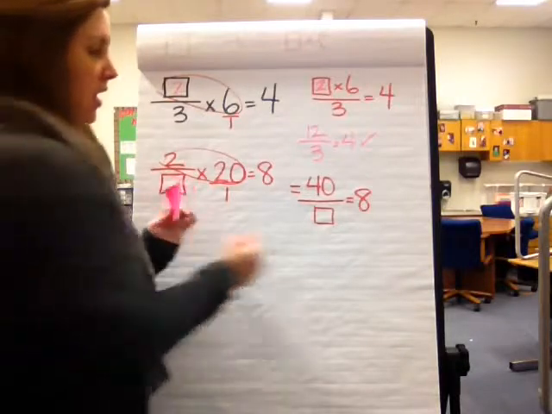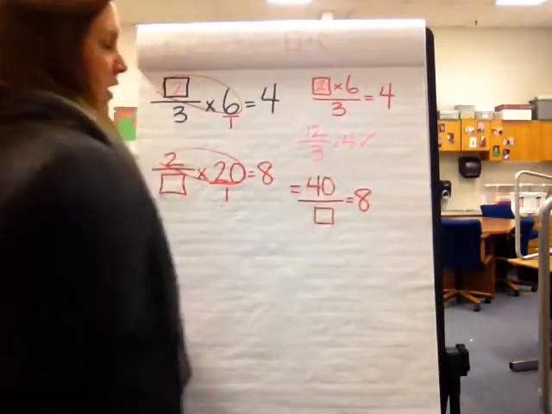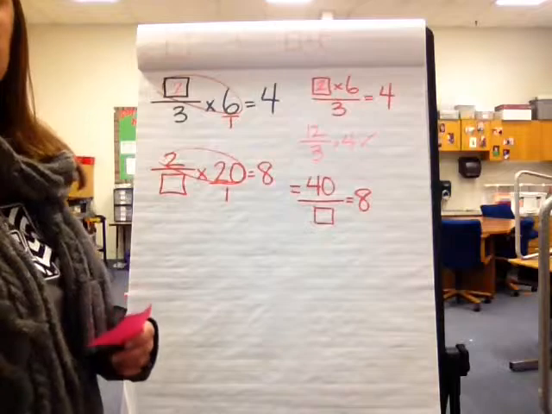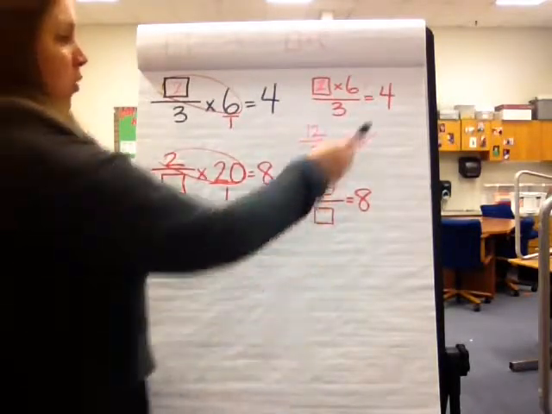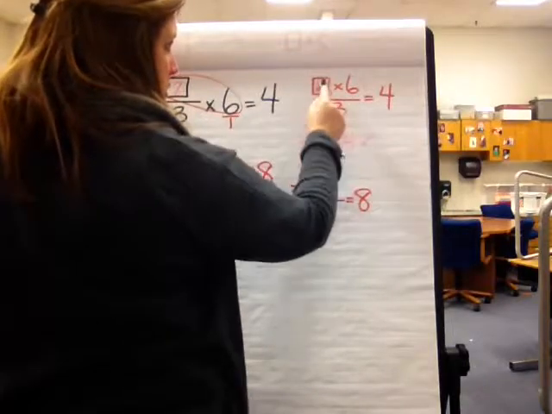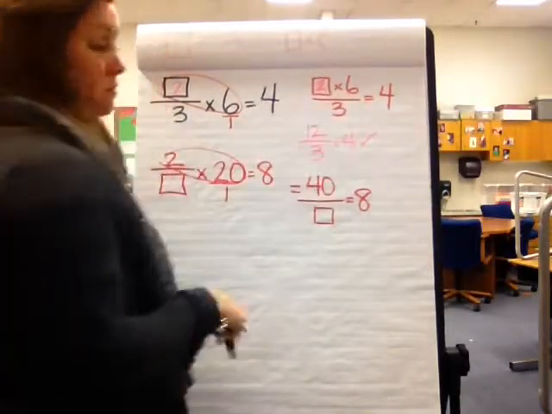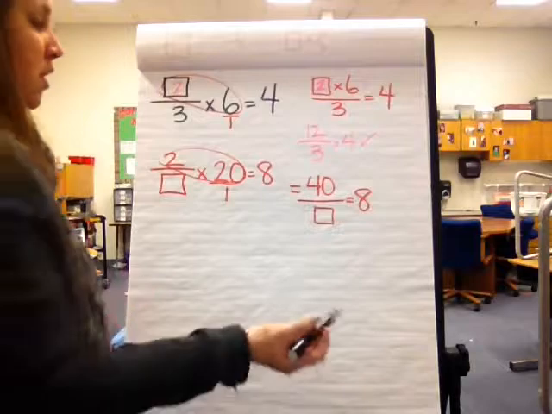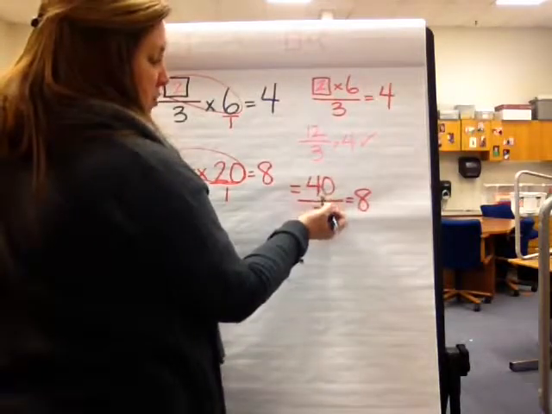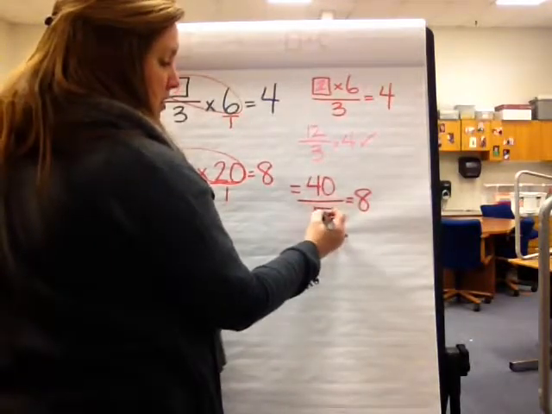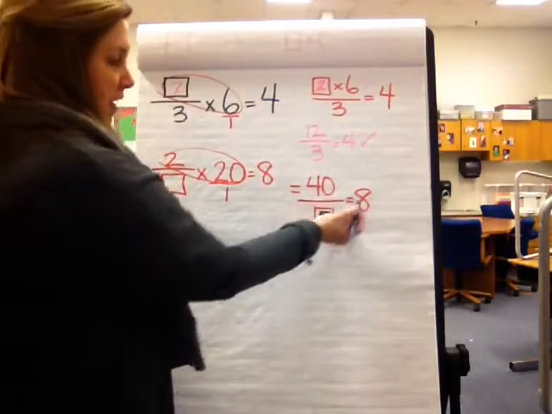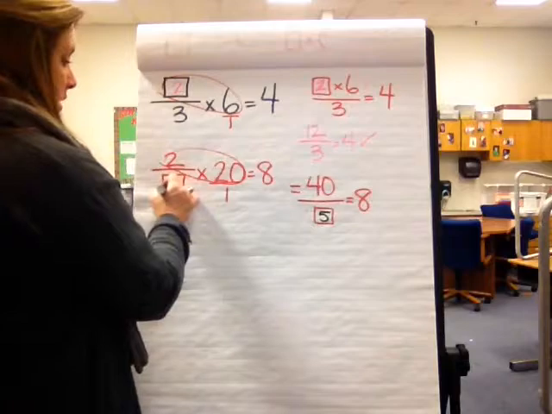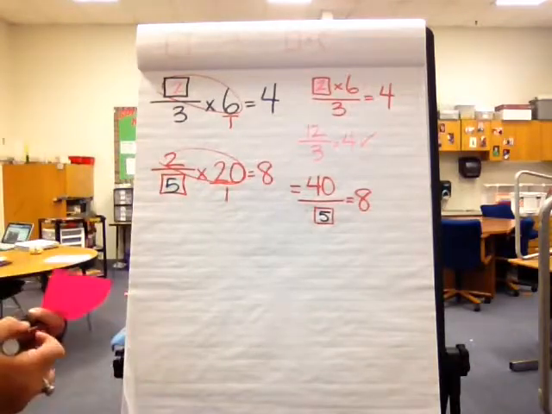Or better yet, 8 times what is 40? And that's why you could have done this one up here too. 4 times 3 is 12, so 2 times 6 is 12. Another way you could have looked at it as well. So 8 times what gets me 40, or 40 divided by 8 is 5. 40 divided by 5 is 8. So my answer is 5.